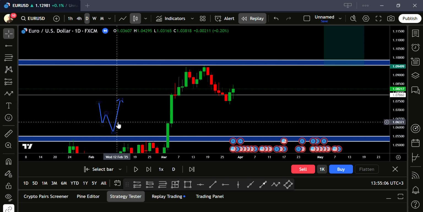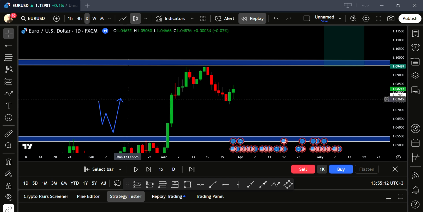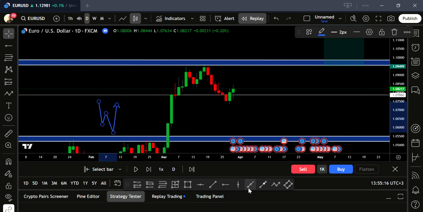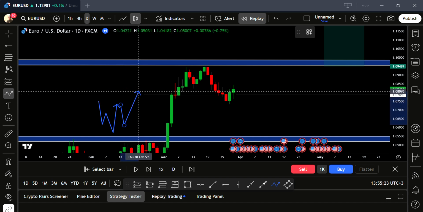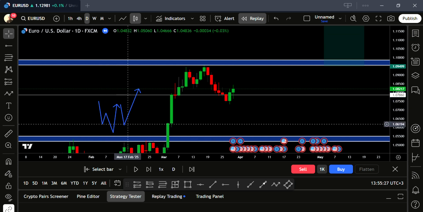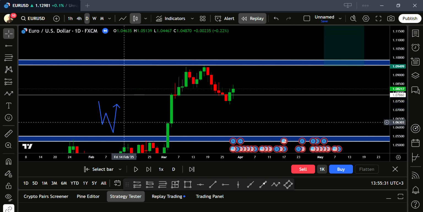So in most cases, you can enter from here and put the stop loss below here if it is not that far, or you can reduce your size. Or you can wait for price to come and retest this area to make a head and shoulder, and then you enter from there. But most of the time price never comes back.